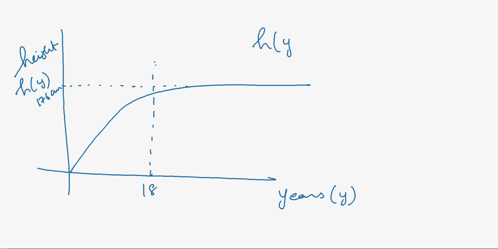So the height with respect to the year could be like 176 times 1 minus e to the power minus y, or something like that. There may be a coefficient in front of that, because it depends on the rate at which it is growing. Do you see that? And after that it is saturating.